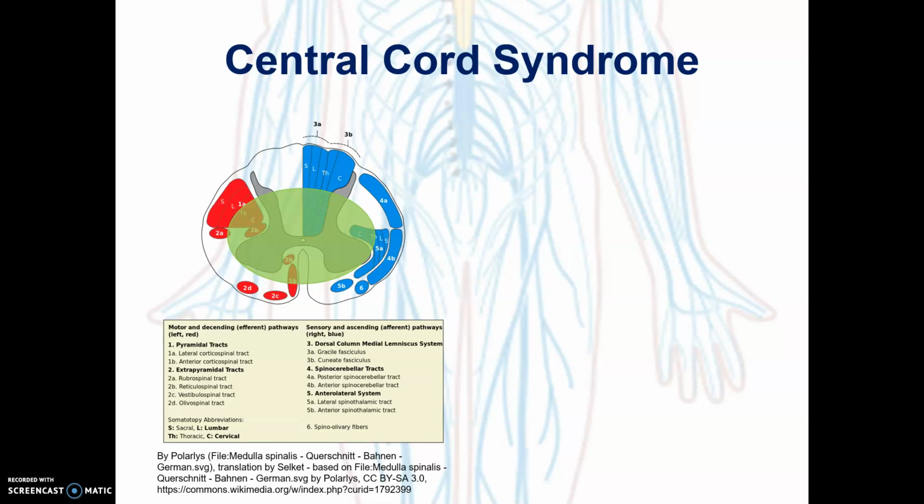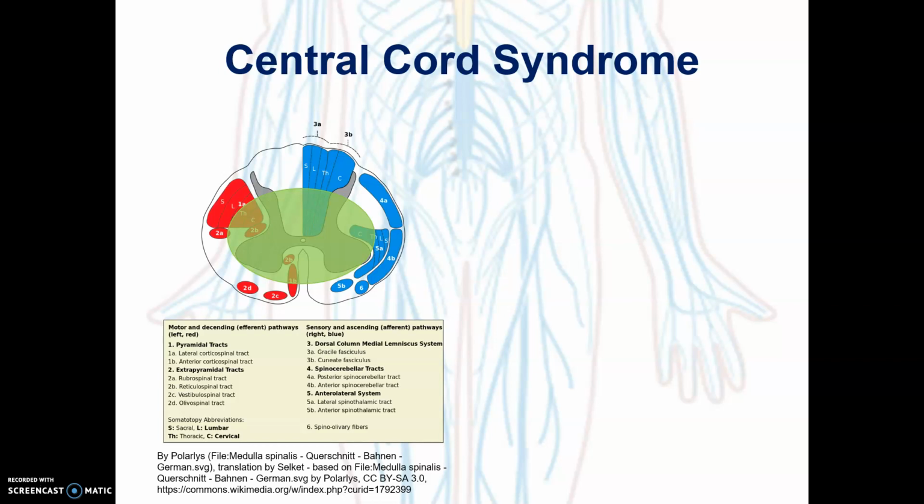So for the spinothalamic and for the corticospinal tract, the more centrally placed fibers would be for the cervical region or the thoracic region, whereas the more laterally placed fibers will be for the lumbar and sacral region. You can also see that there's some lamination with the dorsal columns, but this again goes from dorsomedial to dorsolateral.